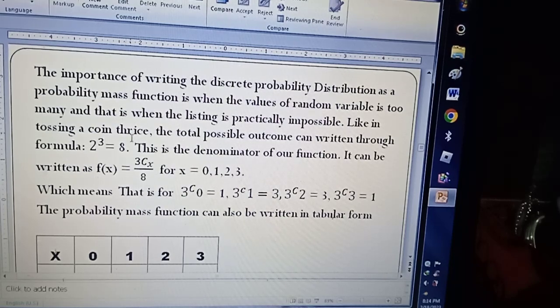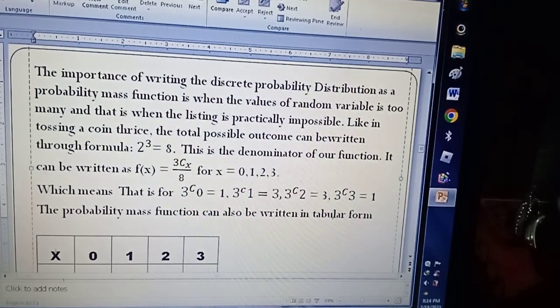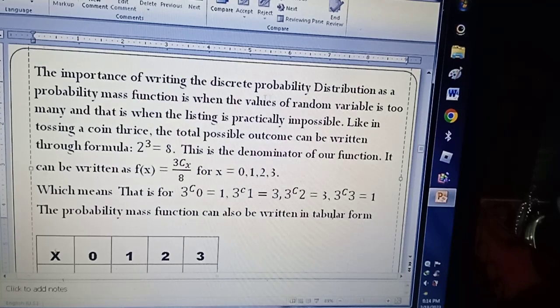Like in tossing a coin thrice, like we had in our above study, the total possible outcomes can be written through a formula.